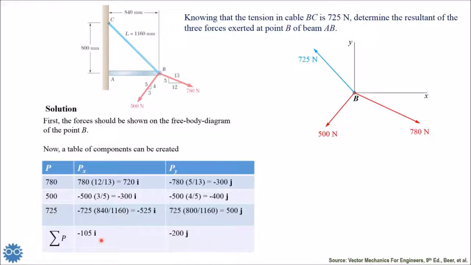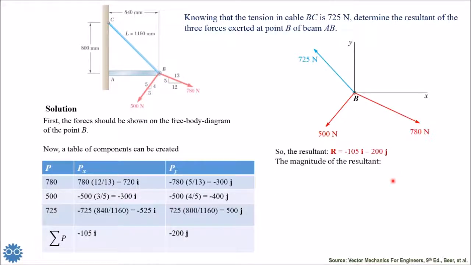So we get the sum of each part, and this will yield that the resultant, in terms of i and j components, or let's say x and y components, is minus 105 i minus 200 j.